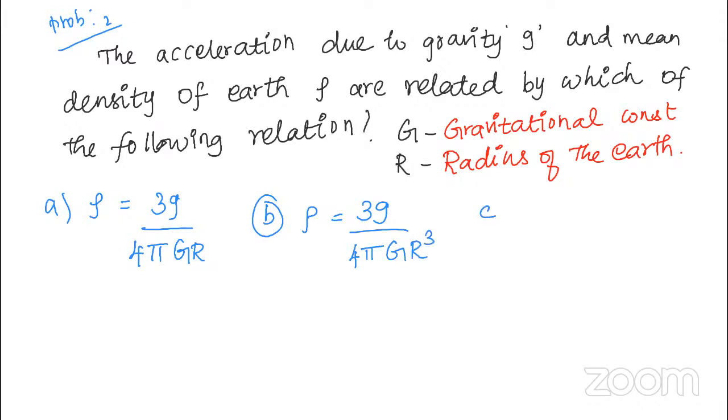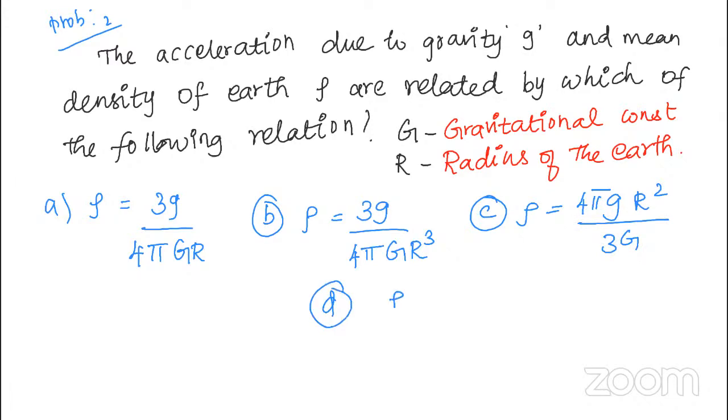C, rho is equal to 4 pi G R square divided by 3g. And option D, rho is equal to 4 pi G R cube divided by 3g. So these are all the options they are given now.